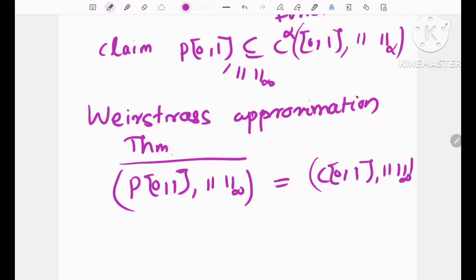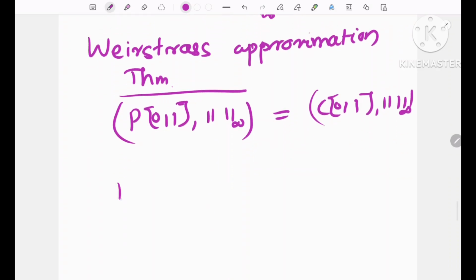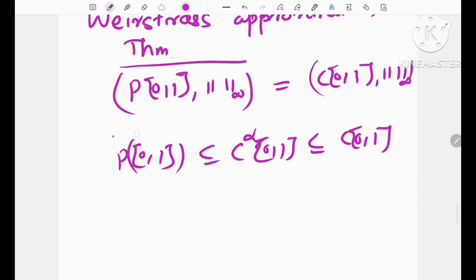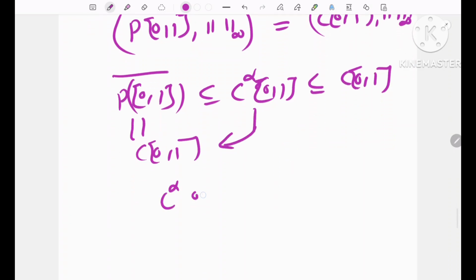If I establish that P[0,1] is a subset of C alpha[0,1], and I have already proved that this is also a subset of C[0,1], then I will take the closure, and the closure of C alpha[0,1], taken in the larger space with respect to the sup norm, is also equal to C[0,1] with respect to the sup norm.